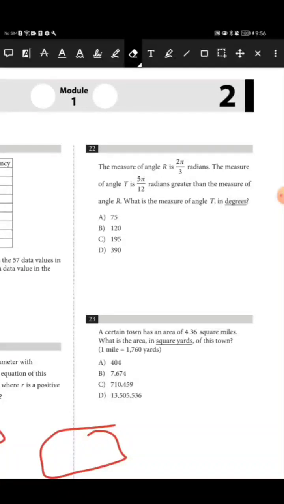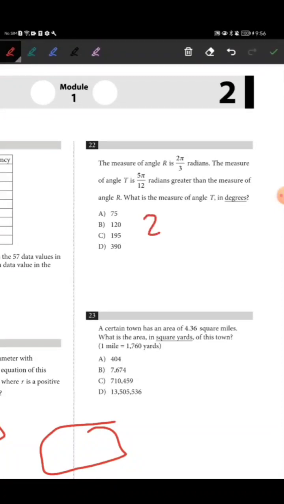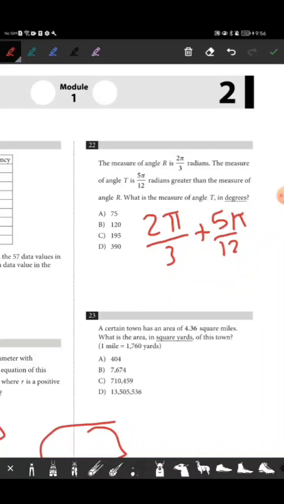Therefore, the measure of angle t is equal to 2 pi over 3 plus 5 pi over 12. So let's multiply 2 pi over 3 by 4 over 4 to get a common denominator with 5 over 12.